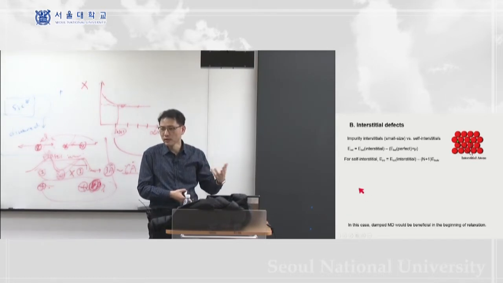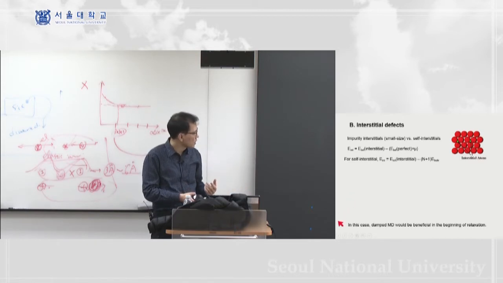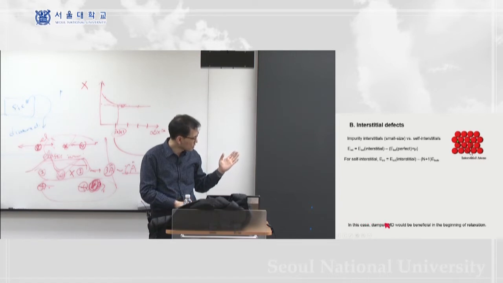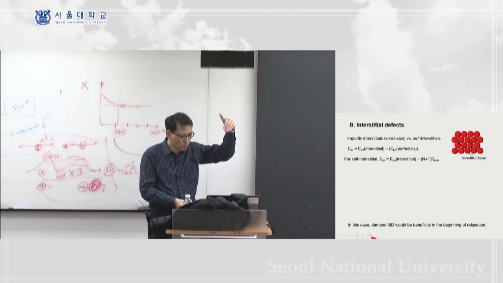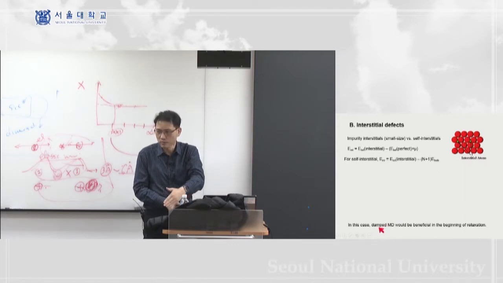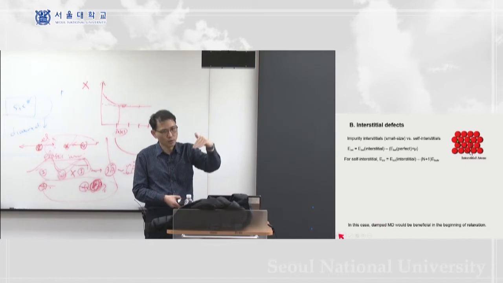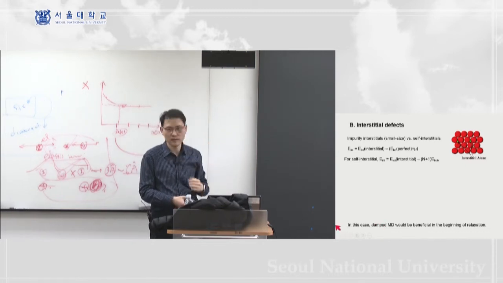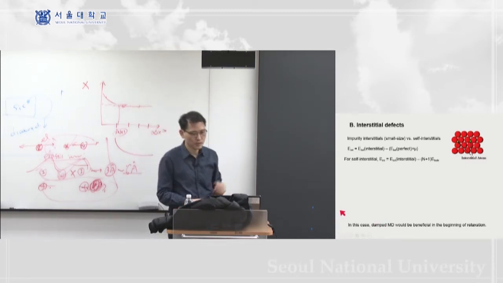Simply using well-known algorithms like conjugate gradient or steepest descent will not work very efficiently. In this case, the safe solution is to use damped molecular dynamics. You move those atoms along the MD trajectory with a substantial damping term, and it will lower your energy quite safely. Okay.